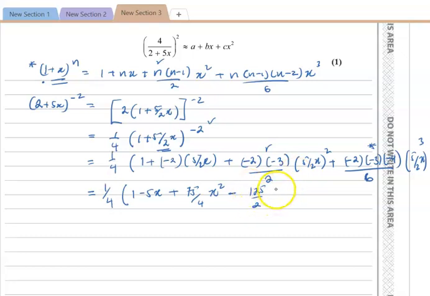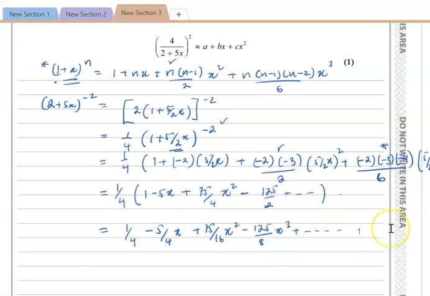You can do this step just to keep it safe, but you can as well skip it. So your final answer is going to be 1 over 4 times 1 minus 5x plus 75 over 4 x squared minus 125 over 2 x cubed, which gives 1 over 4 minus 5 over 4 x plus 75 over 16 x squared minus 125 over 8 x cubed. That's going to be your expansion.